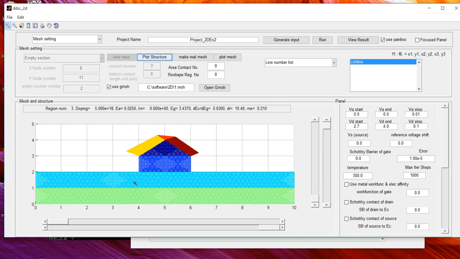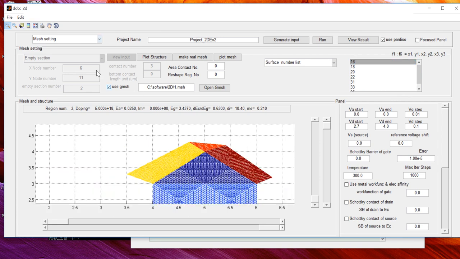Okay, this is the structure made by Gmesh, and the number list. There are many 9s. This is 9.1, 9.2, 9.3. I don't know which one is which because I forgot what kind of mesh this is. And the surface number 18.